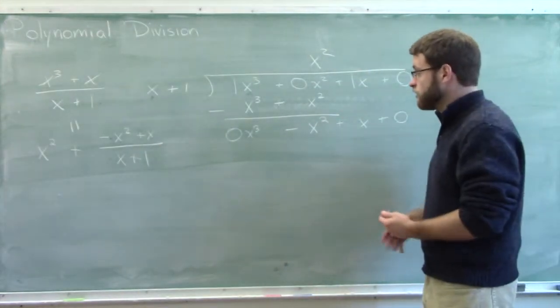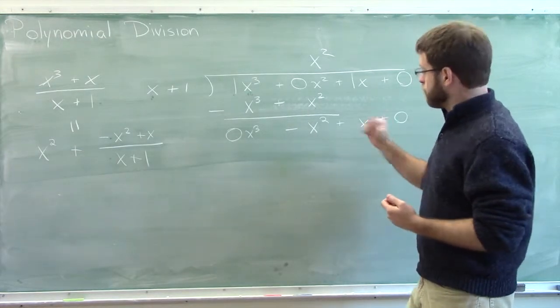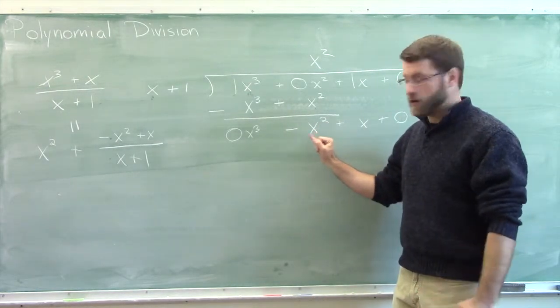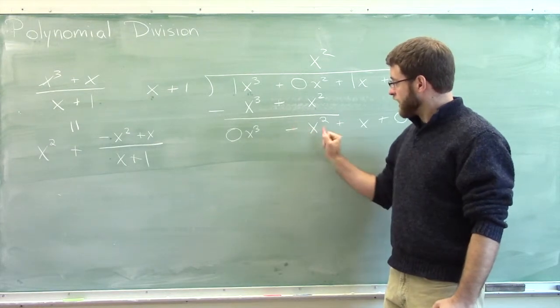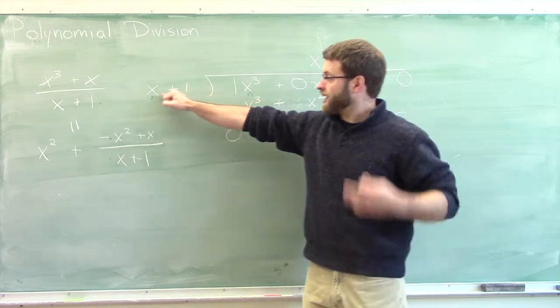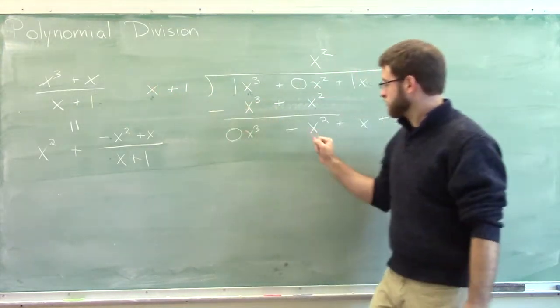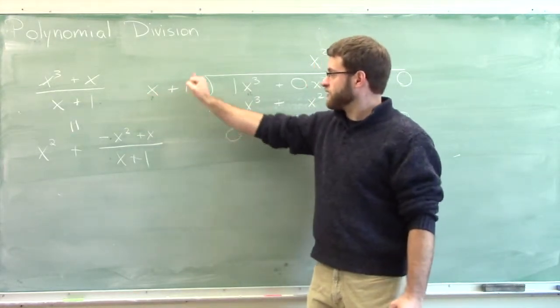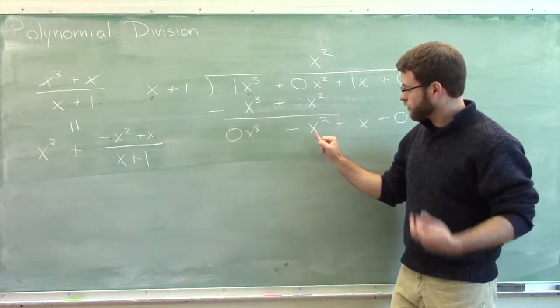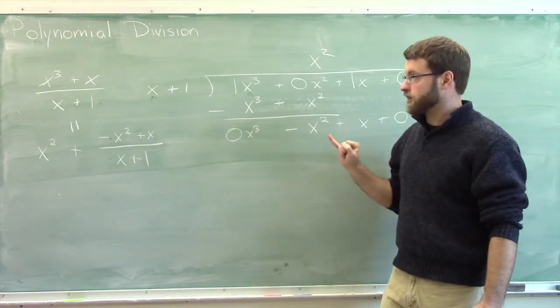Okay, so to continue, we repeat the process just like we would with regular long division. So we look at the leading term in our remainder, which is now negative x squared. And I want to multiply my divisor by anything necessary to match the leading terms. So I want to take this divisor and multiply it by the right thing to turn its leading term, x, into a minus x squared.